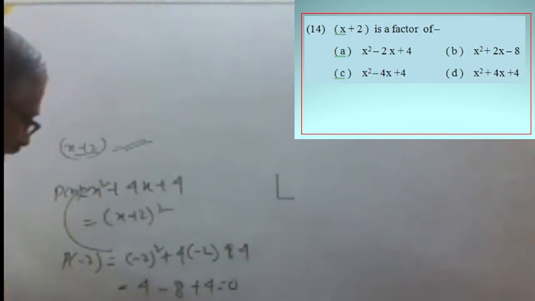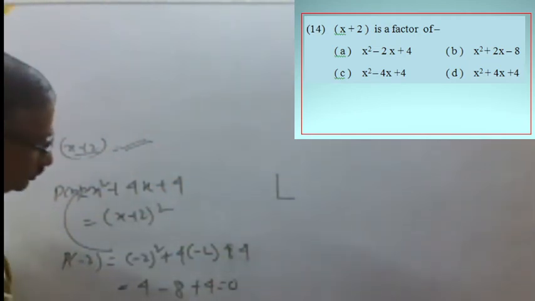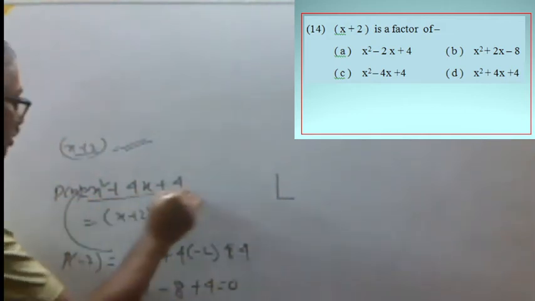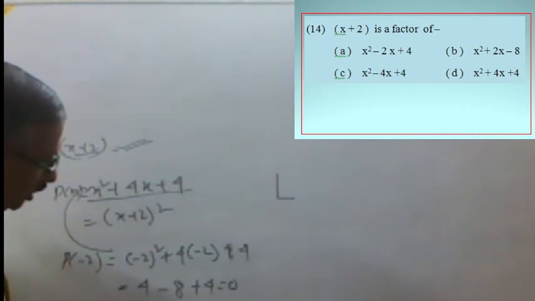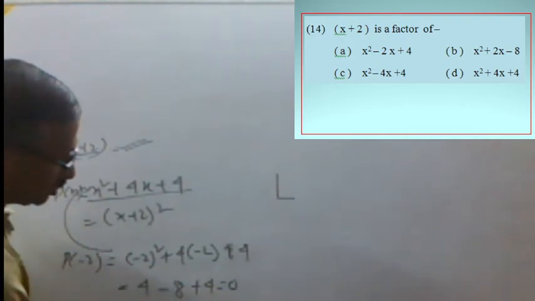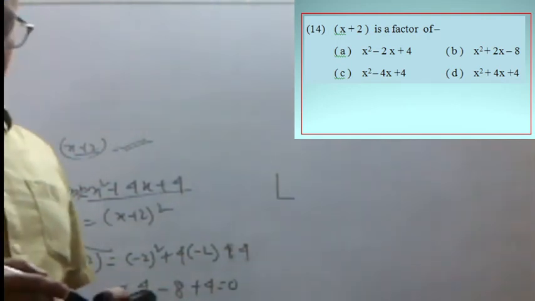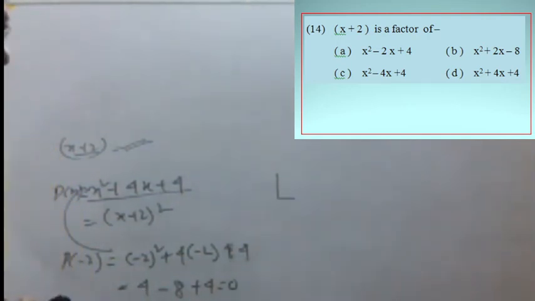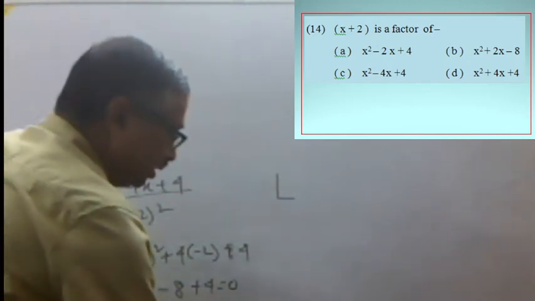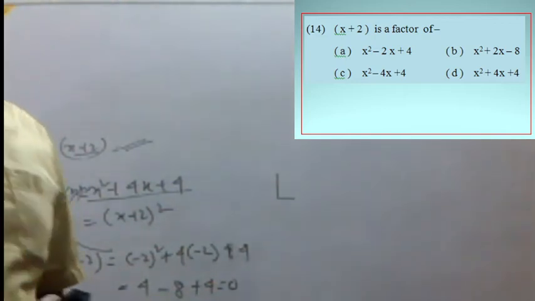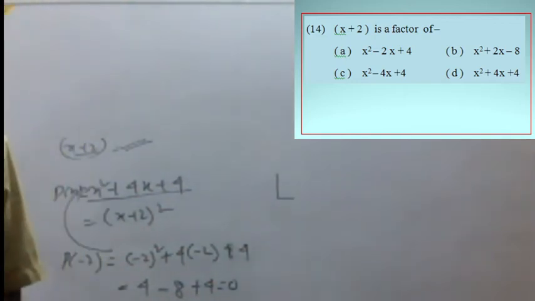Therefore x plus 2 is a factor of x square plus 4x plus 4. In the other three polynomials, we will not get x plus 2 as a factor. So option D is the correct option for this question.